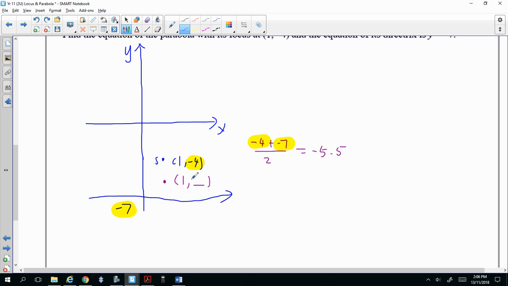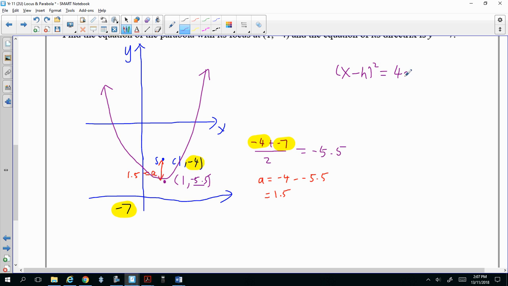So we've got the coordinates of the vertex. And then you have to work out a, which is the focal length. You do a equals negative 4 minus negative 5.5. That will be 1.5. We got the a. And then you can see the parabola must be concave up. And we've got the equation (x minus h) squared equals 4a (y minus k).